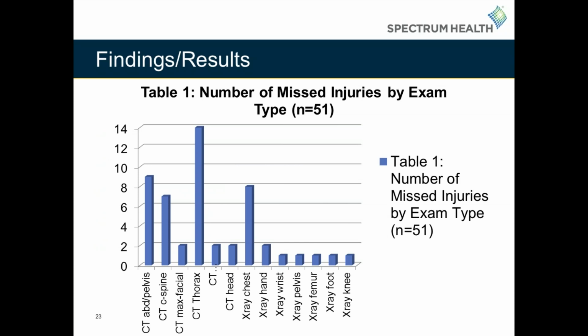Abdomen pelvis had about 9. Chest x-ray had about 8, and a lot of them were the missed rib fractures that we found. And then CT spine had about 7. You can see there's hand, wrist, pelvis, femur, foot, and knee. So we found missed injuries on a plethora of different x-ray and CT exams overall.